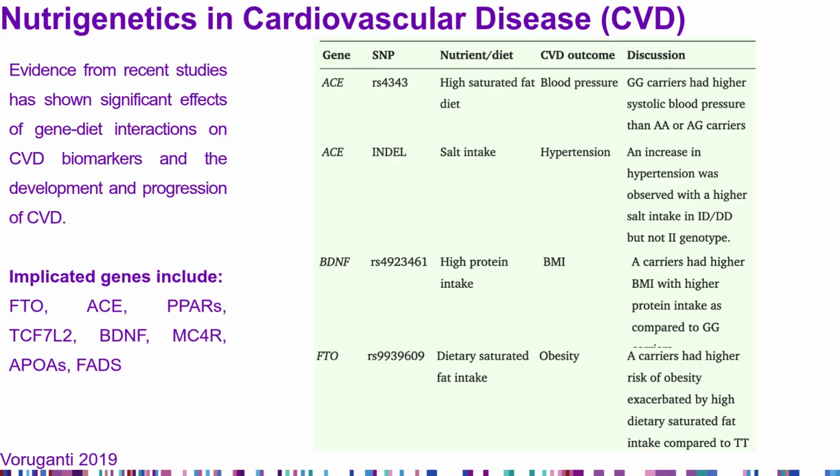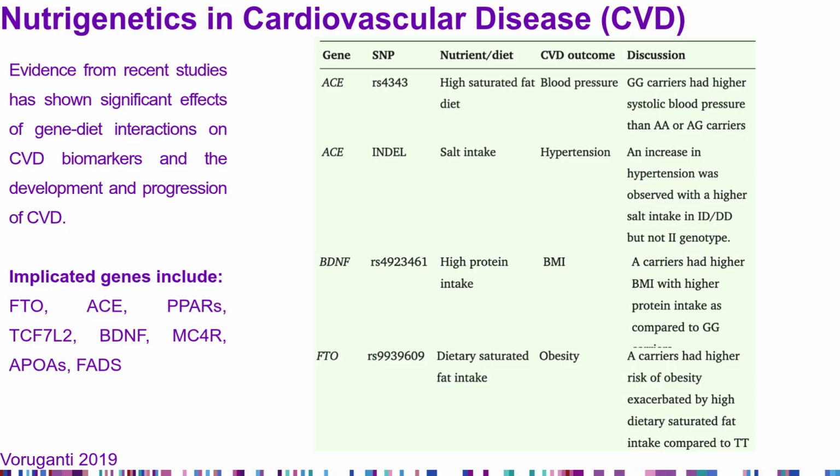When you start taking this type of information into account, you can see how, depending on your specific genetic makeup, you might be at a higher or lower risk for certain phenotypes, such as cardiovascular disease, and that diet choices could mitigate or exacerbate the risk.